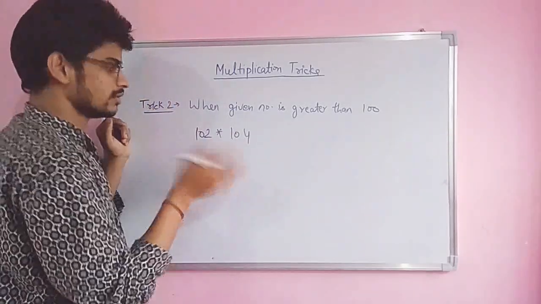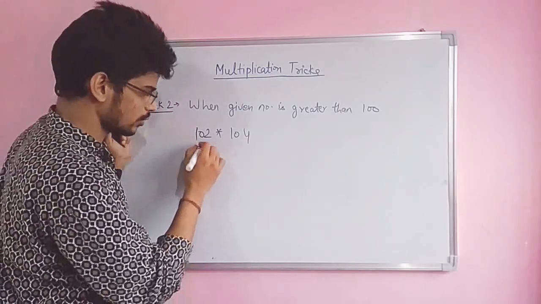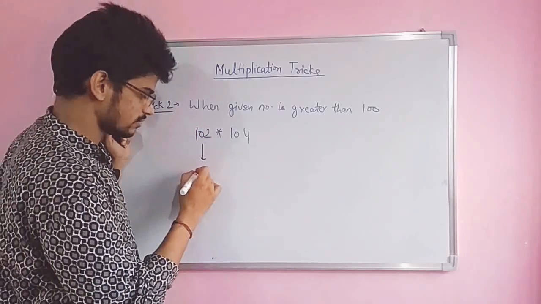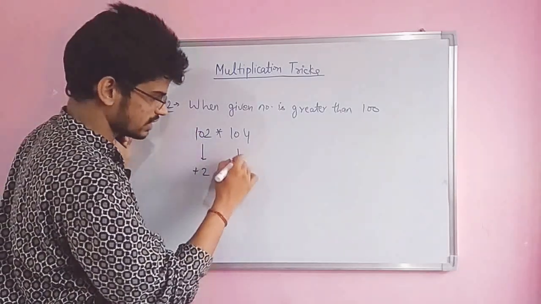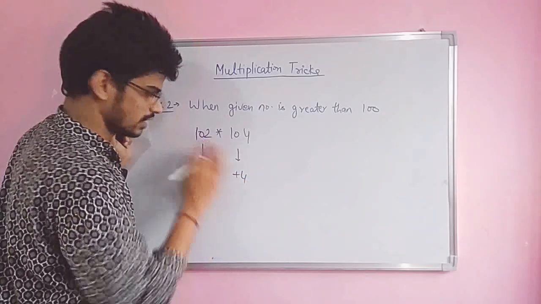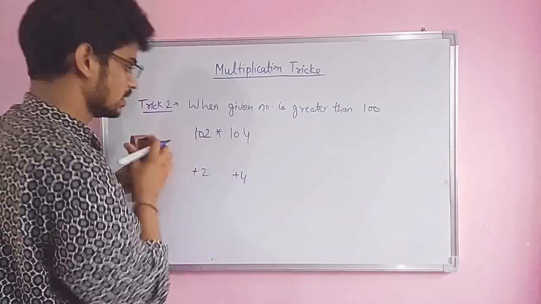The golden number here is also 100. How much is it more than 100? That is plus 2, and the other is plus 4. Now again diagonally.